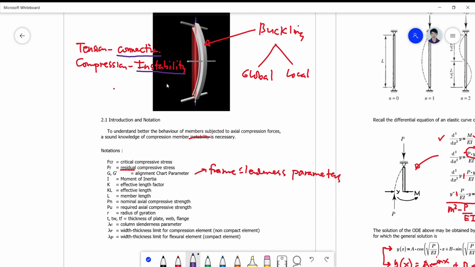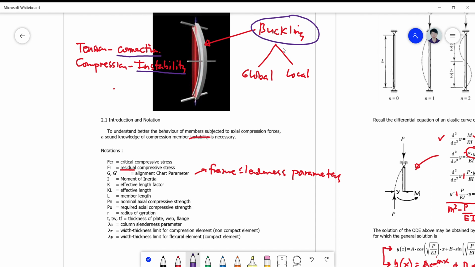The issue here does not only lie on connections, but also on how stable your compression member is. And instability is actually a question of when and how buckling may occur. So when we're talking of buckling, we are actually considering instability as a failure in that regard.